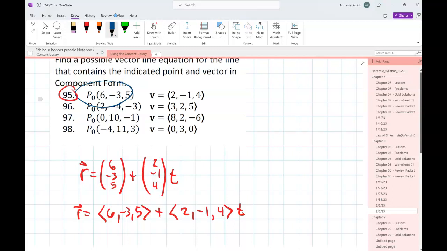So if you found another point, you could use that one instead. Why would you do that? I don't know, but you could. There's infinitely many possible vector line equations here. Now, with what you're given, I don't know why you'd write anything other than this one, but I want to be clear that that's not the only answer. It's just the only reasonable answer that a sane student would give.